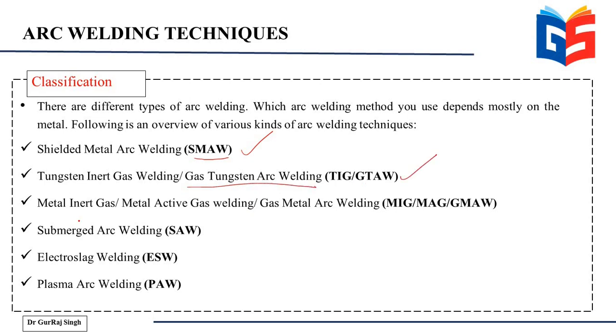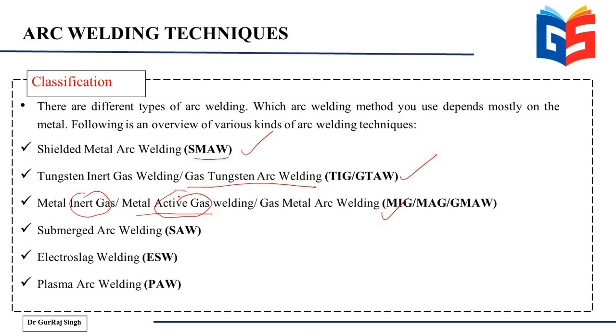Then we have metal inert gas welding, usually referred to as MIG welding. It can also be referred to as metal active gas welding. Now I've replaced inert gas with active gas. These gases, as we will learn in the coming classes, are used for shielding the weld pool and protecting it from atmospheric contamination.